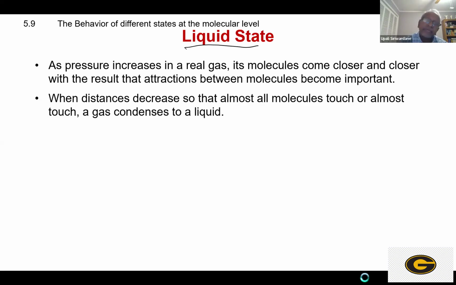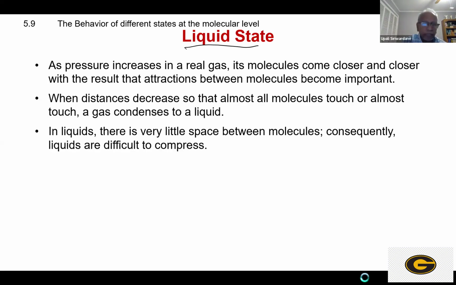The distance decreases, and molecules touch each other due to high pressure or lower temperature. Liquid has little space. We already talked about liquids having little space between molecules.